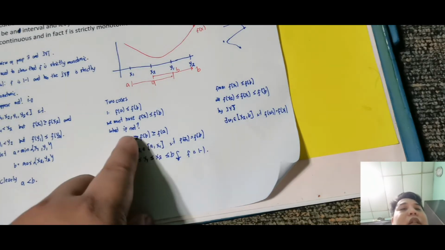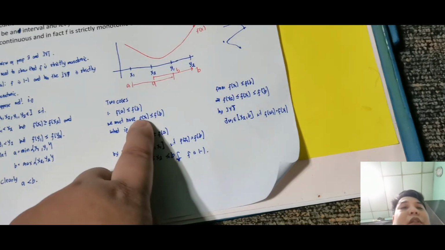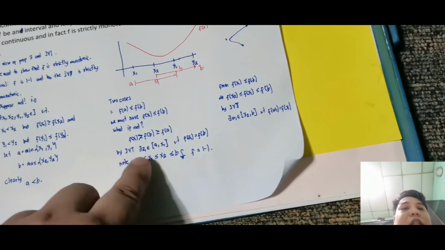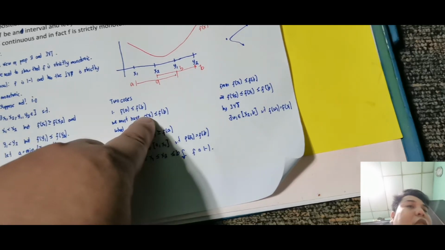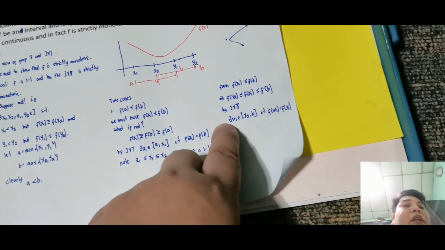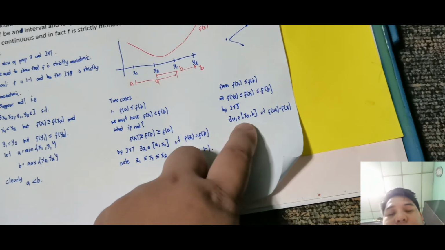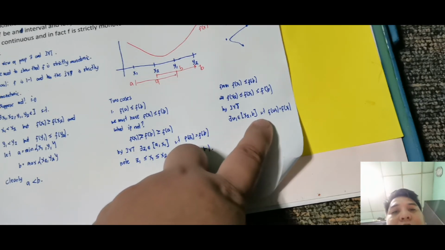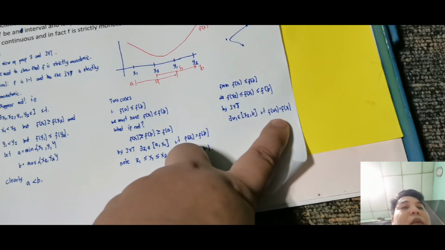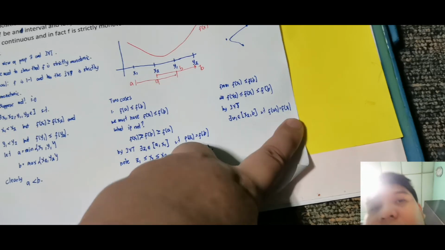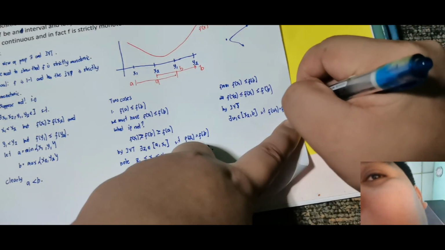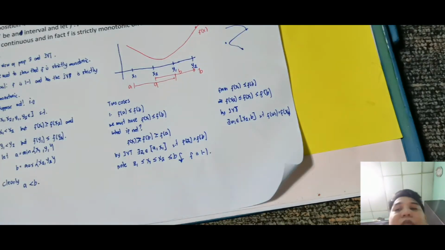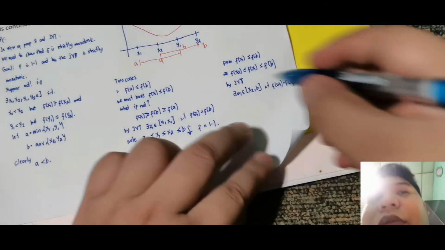Okay, so kanina nangyari, nakuha natin na si f of z sub 1 is equal to f of b, pero si z sub 1 is less than sa x sub 1. So, ibig sabihin, hindi totoo yun. Contradiction. Nandito naman, kinuha natin si there exists a w sub 1 element ng x sub 2, b, such that yung f of w sub 1 is equal to f of x sub 1. Okay, then, ano mangyari?